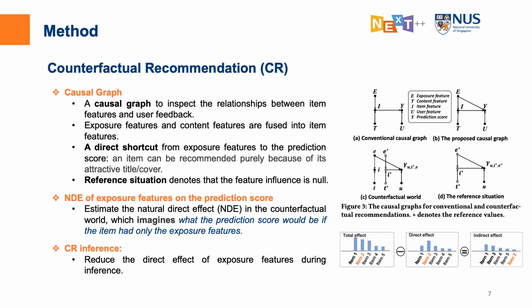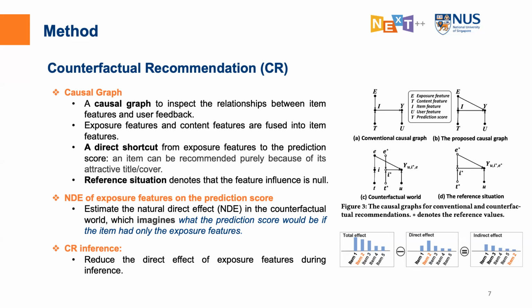We only need to separately model the direct effect of exposure features and mitigate this direct effect during inference. So this direct effect can be captured by these parts implicitly during the implementation. Yeah, so we didn't model it separately. If we want to do that, we can do that. Yeah. Got it. Thank you. Thanks. Yeah, this is a good question.